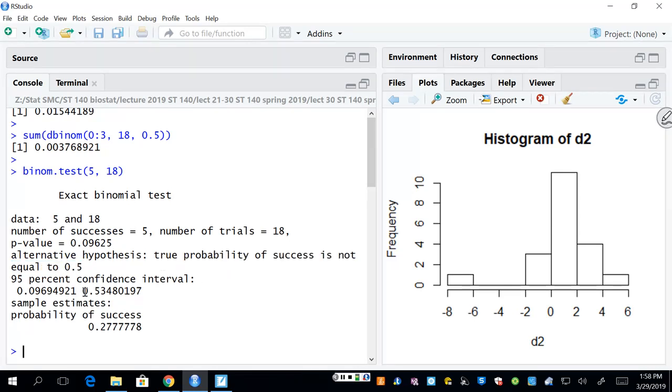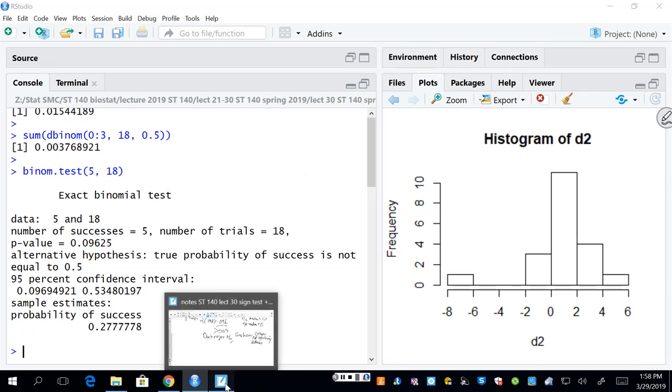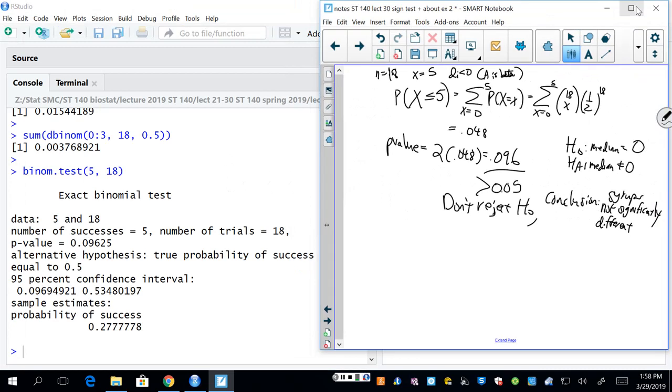There's a confidence interval for that proportion. 5 out of 18 is about 0.28, and it gives this p-value that is not small. So you wouldn't reject, right? The whole point of doing this is that, with a real small sample size, if you have one or a few outliers or some skewness, it might not be all that convincing to state something based on the t-test.